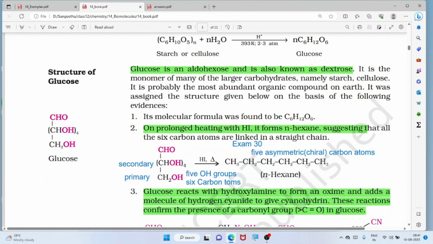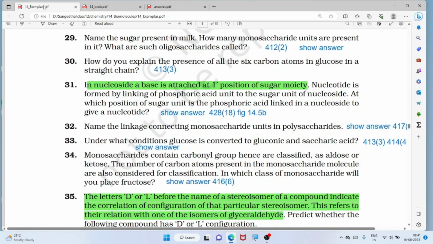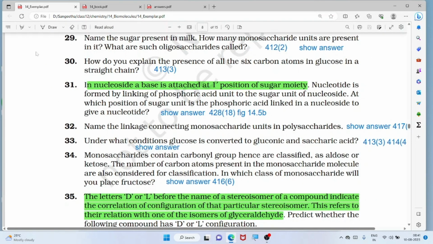On prolonged heating with hydrogen iodide, glucose forms n-hexane, supporting that the six carbons are linked in a straight chain. Because of this reaction with hydrogen iodide we get n-hexane, which shows a straight chain.